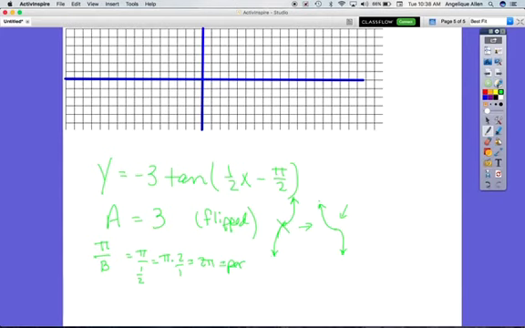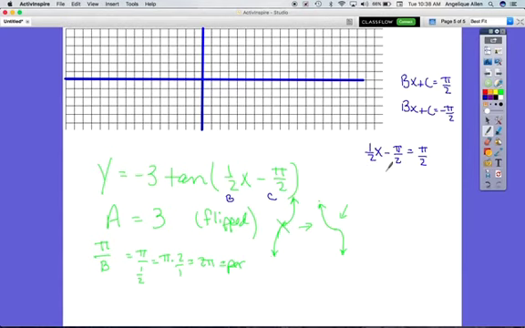And then we've got to solve our little equations. bx plus c is pi over 2, and bx plus c is negative pi over 2, to find our first set of asymptotes. So b is here, c is here, so bx plus c equals pi over 2, and solve this.